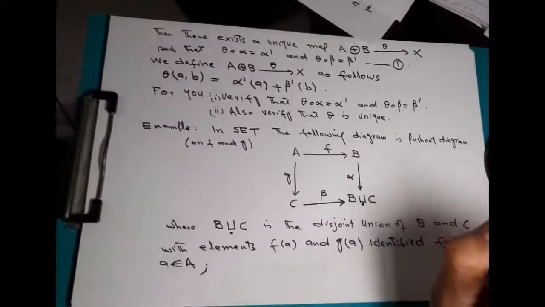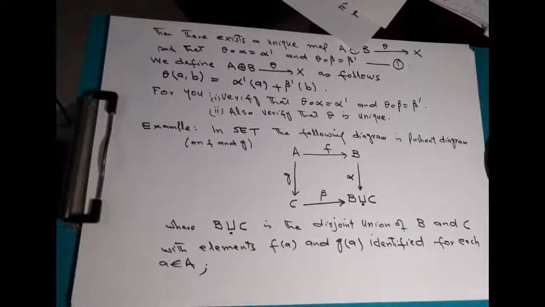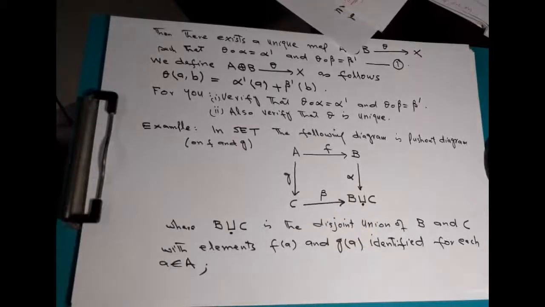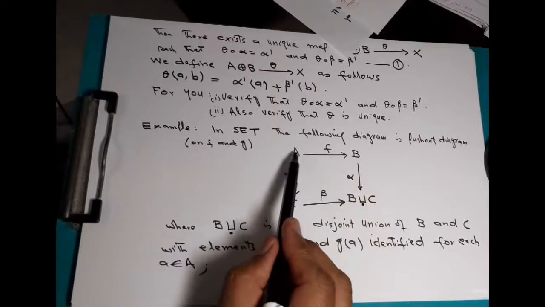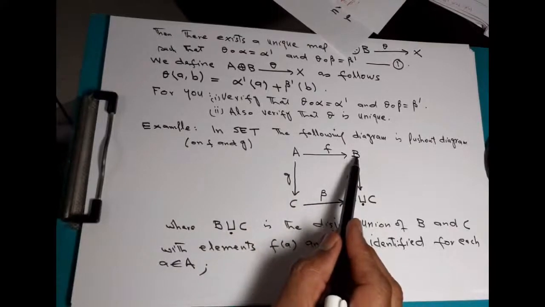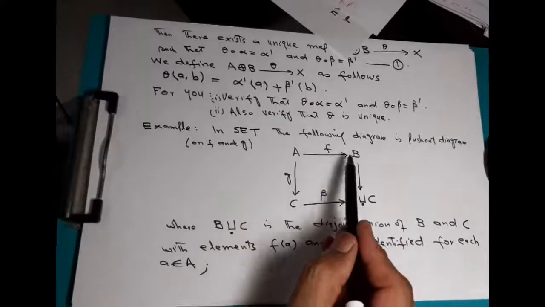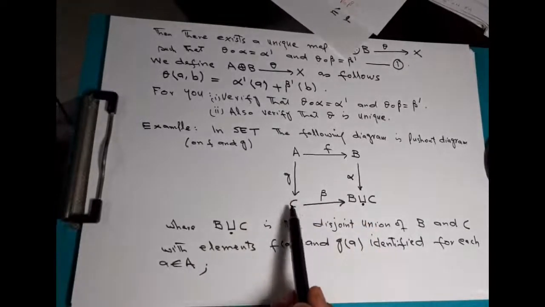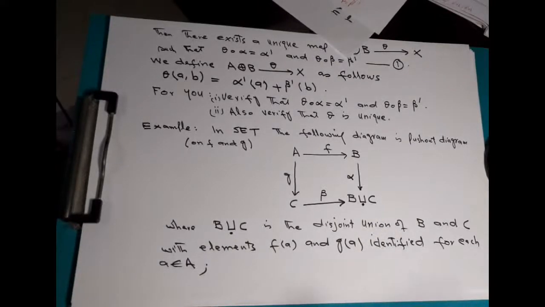Now, this is a very important thing to note. This is a disjoint union of B and C, but if for some element a of A we have the element f(a) in B and we have the element g(a) in C, then f(a) and g(a) will be identified. That means only one of them will be written.